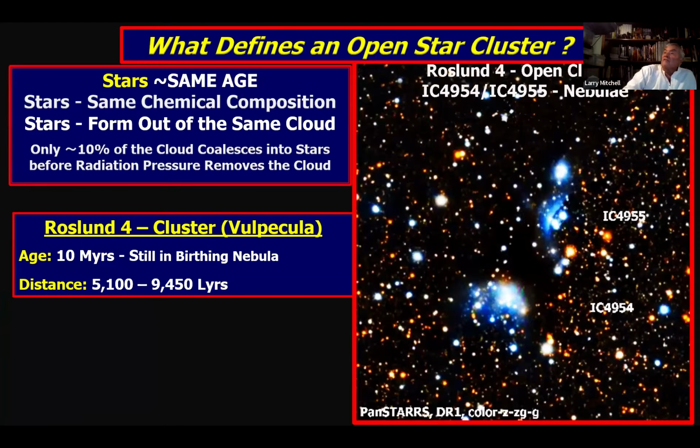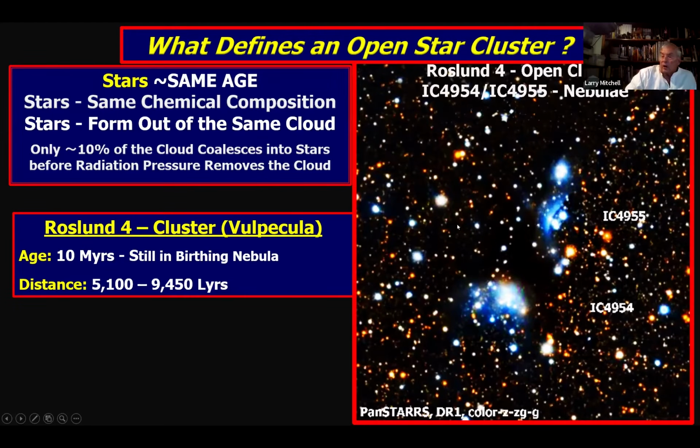Another definition of what defines an open star cluster is that all of the stars, since they're born out of the same nebulous cloud, are the same age, relatively speaking. They also have relatively the same chemical composition, because they form out of the same cloud with the same chemistry. Only 10% of the cloud will coalesce into stars before radiation pressure removes the cloud.